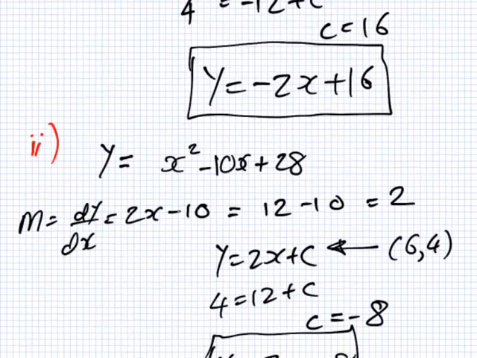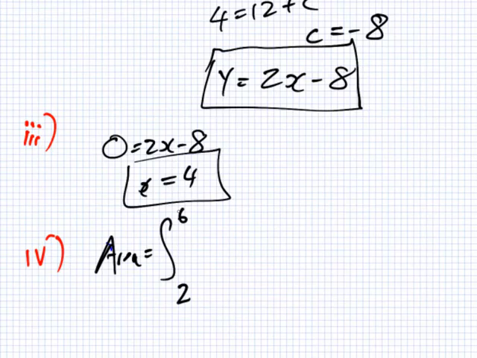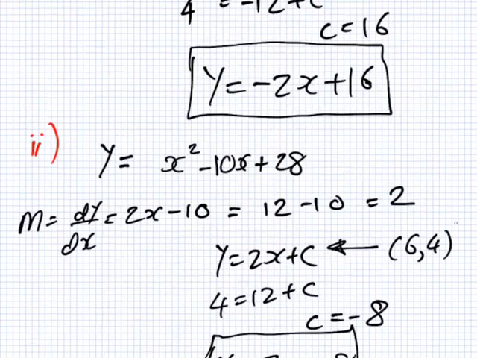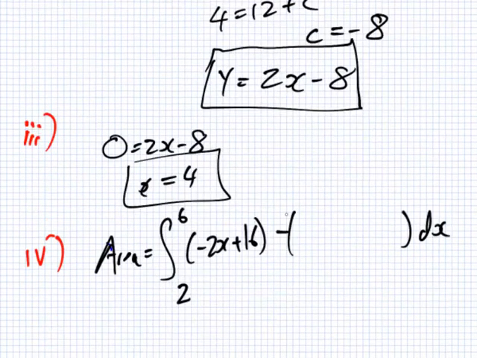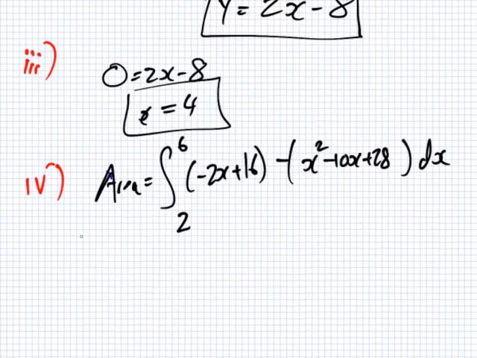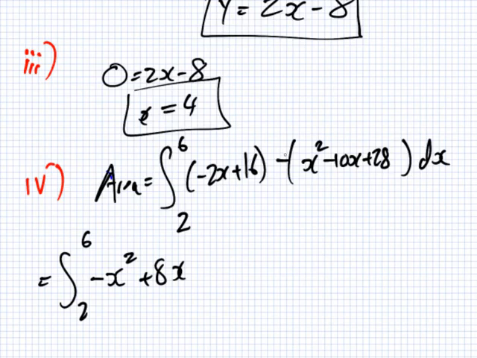The line, minus 2x plus 16, minus the quadratic, x squared minus 10x plus 28, dx. So the area will be from 2 to 6 of minus x squared, minus is plus, so 10x minus 2x is 8x, and 16 minus 28, which is minus 12, isn't it? Yep, dx.